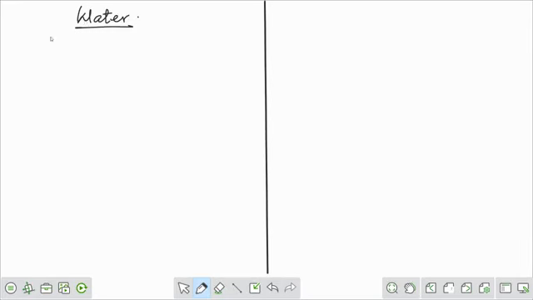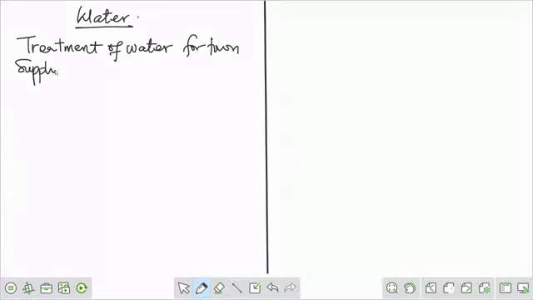Now, that's why chemistry now comes in. You know that chemistry has to do with chemicals. That's what we normally think, though it's more than that. So water now is about how we treat water for tank supply. We have a topic called treatment of water for tank supply. So we are moving from one topic to another.